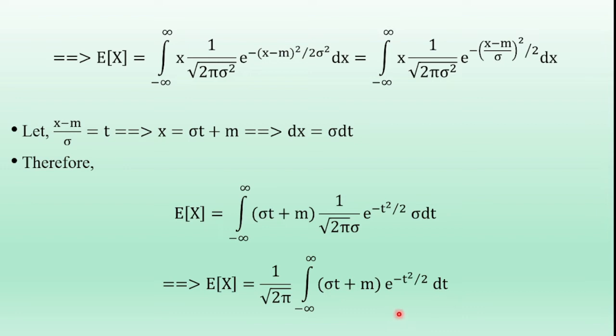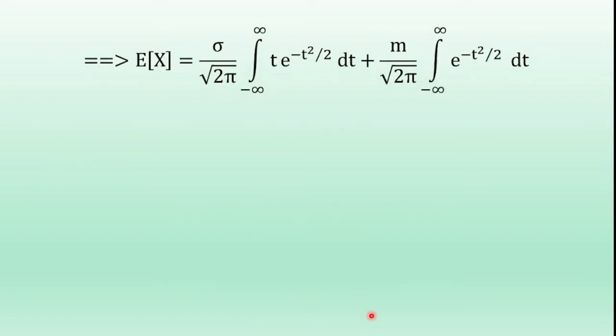Multiplying e power minus t square by 2 within the bracket term and applying the integration to both terms, we have expectation of X is equal to sigma by square root of 2 pi integral minus infinity to infinity of t into e power minus t square by 2 dt plus m by square root of 2 pi integral minus infinity to infinity of e power minus t square by 2 dt.